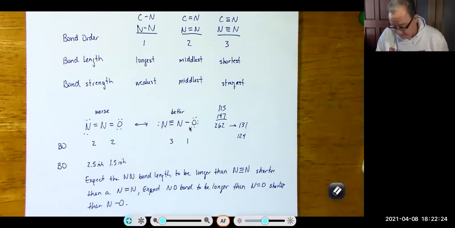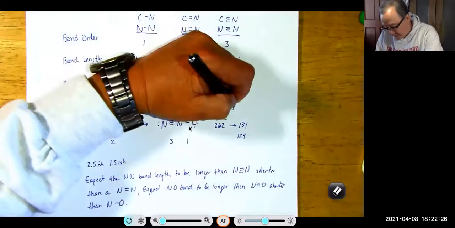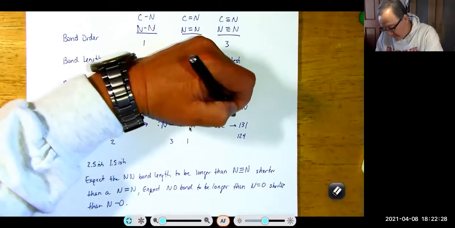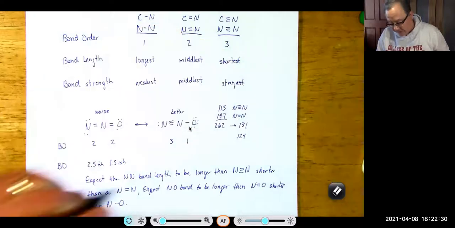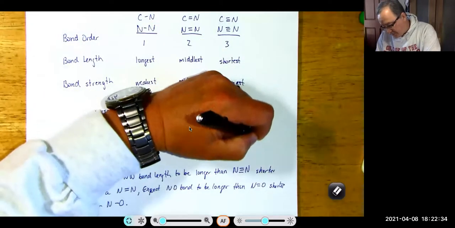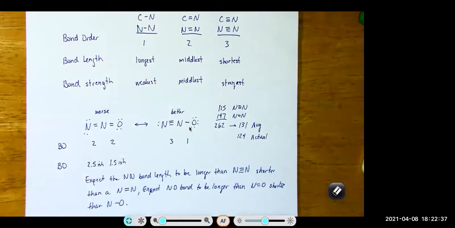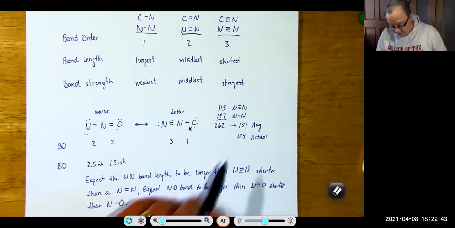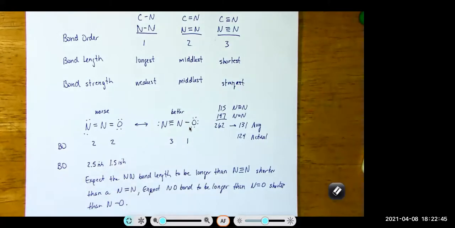So this is the nitrogen triple, if I remember the numbers right. Nitrogen double. This is the average, and this is the actual. I think that one was for the nitrogen-oxygen single and double. Oh, was it 115 and 147? Yeah, I'm looking at the lab right now, actually.